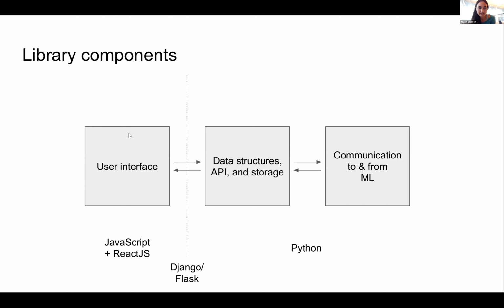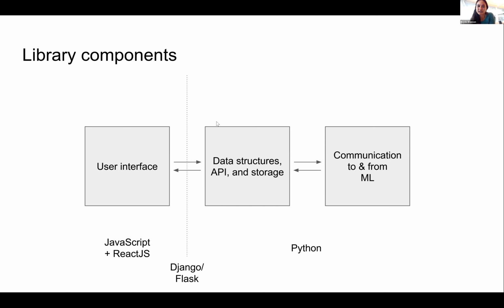So there's a user interface that the non-expert user would be using for annotating, as well as for getting feedback about how the machine learning is working, maybe setting hyperparameters of the machine learning system, doing inference with their system. And that would, we're thinking, be written in JavaScript and React.